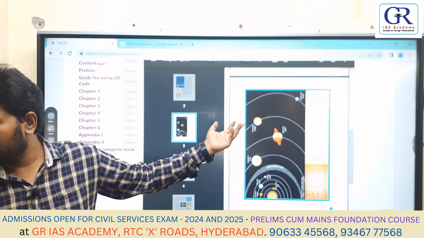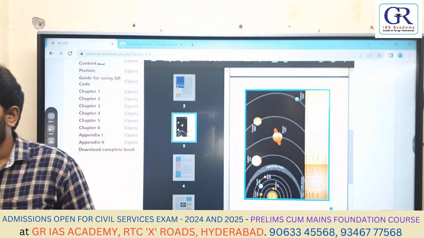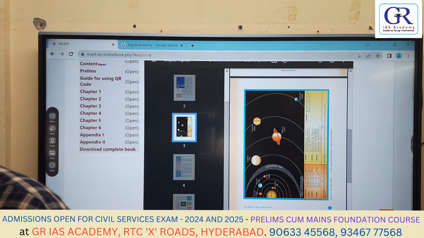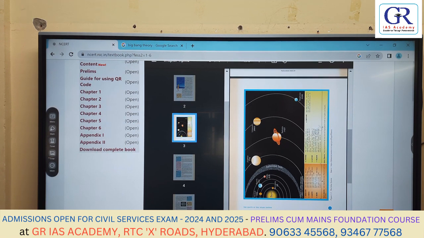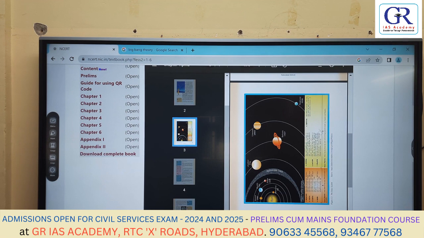Pluto is a planet. The characteristics of a planet, it was again a UPSC question. Why was it removed as a planet? Can anyone tell me? Pluto also has a round shape, sphere shape. It does not intersect other orbits. Okay, yes, that's the first condition.